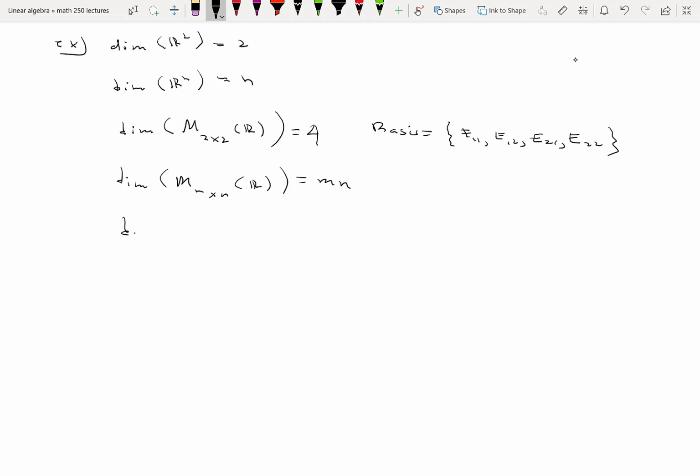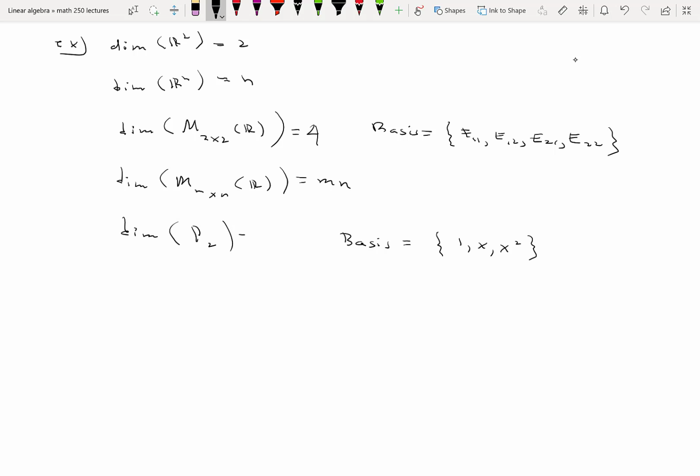Okay, so what's the dimension of P2, the set of all polynomials of degree 2 or less? Well, think about a basis for that. A basis would be the set of vectors 1, x, and x squared. This set forms a basis. There are 3 vectors in that set.